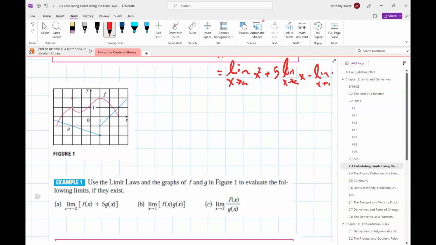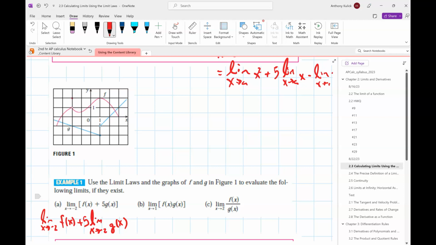If I want to do the limit as x approaches -2 of the function f of x plus 5g of x, I can use my properties of limits to break it up like that, correct? Everybody's okay with what I did there?